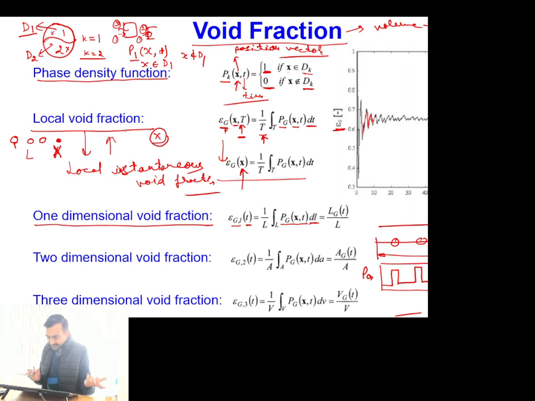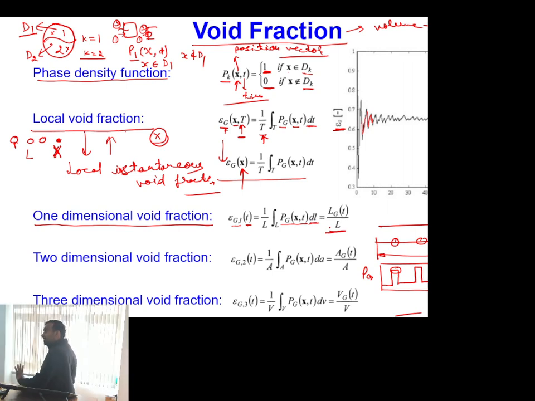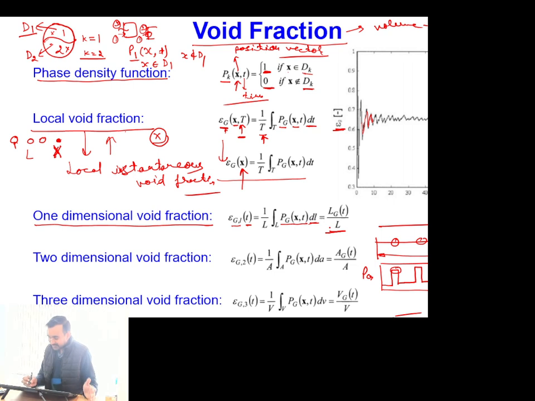So it means the integral of the phase density function over the length, what will it give me? This integral will be 1 corresponding to the bubble and 0 everywhere else. So it will give me the length of the gaseous phase at that particular time divided by the total length over which we have done the measurement. All are clear with this point? Now, this pipe has this particular photograph at some time T1.